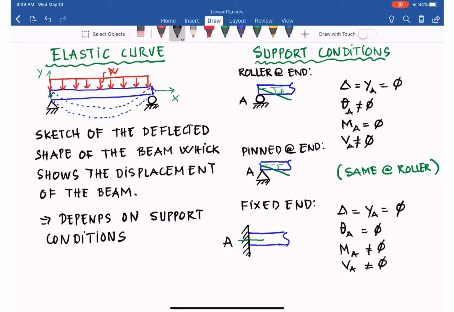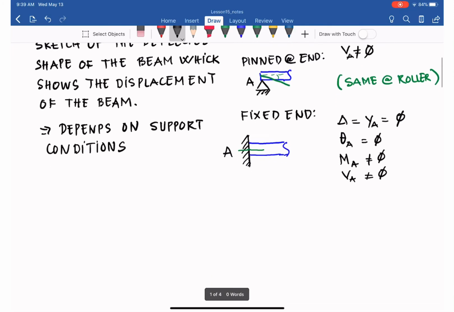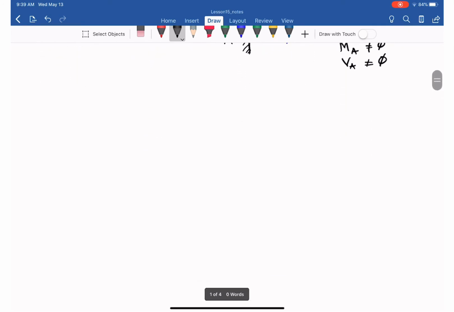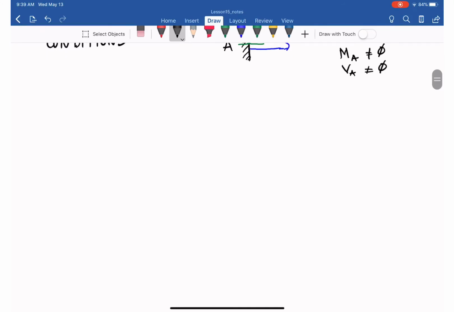So that is the support condition that you will see in there. Other conditions that we have: roller, pin at end, fixed end, then we continue with the support conditions.